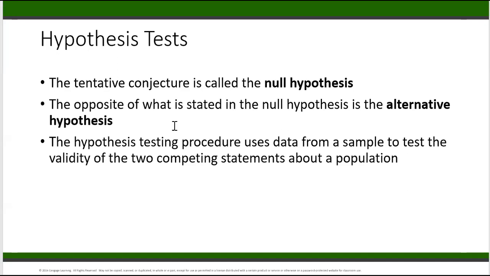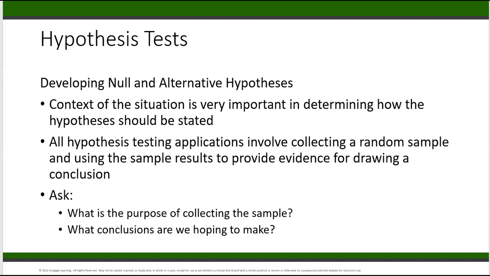These are usually two opposite statements about the population parameter that we're trying to test. And now we're going to talk about some ways that we can develop and formulate the null and alternative hypothesis.